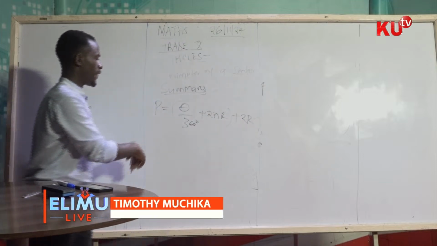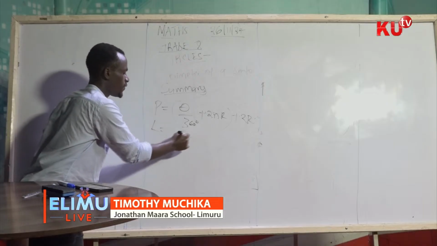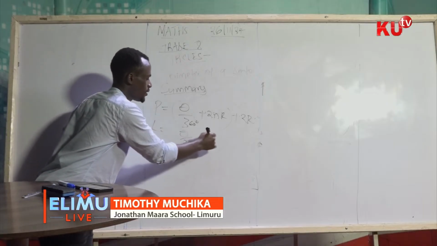And for the arc length, just take theta over 360 times 2 pi r.